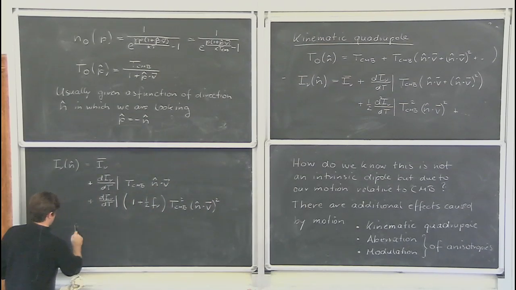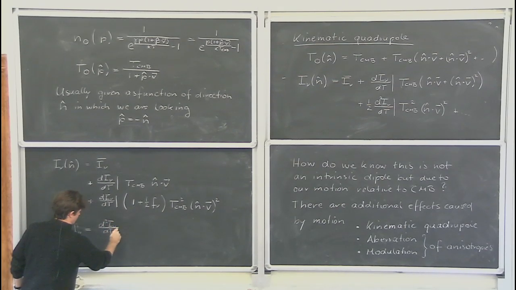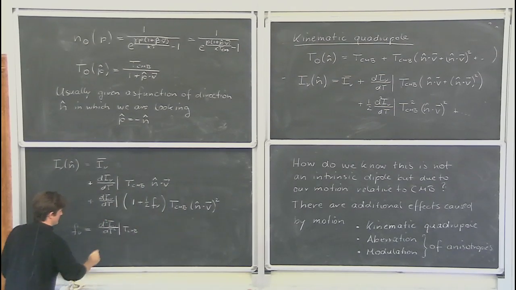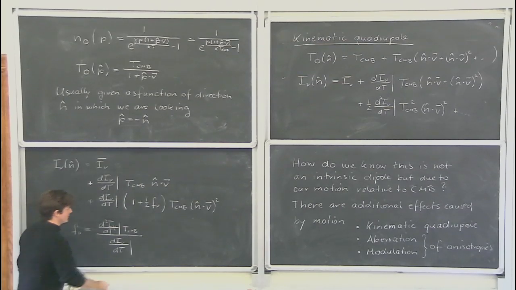And the f nu that I'm writing here is just to get the expression correct, given by d squared I nu by dt squared times T_CMB, divided by d I nu by dt. And this is a function that you can just evaluate.